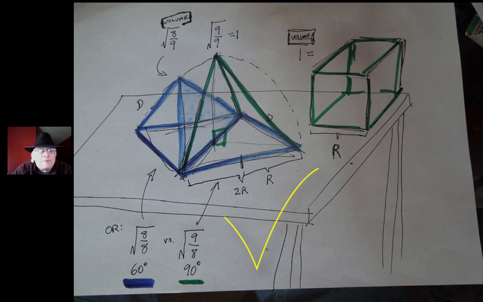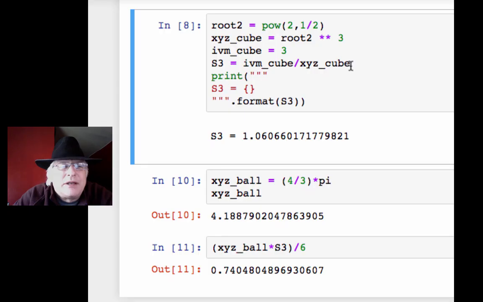That's all we're doing. And I can derive S3 mathematically in this Jupyter notebook, right? By saying, hey, in the XYZ reckoning, a cube with sides second root of 2 would have a volume third power of that, because that's how we say volume in XYZ. Third power equals rectilinear operation of some kind. Whereas IVM cube has a volume of 3, even with those same edges.